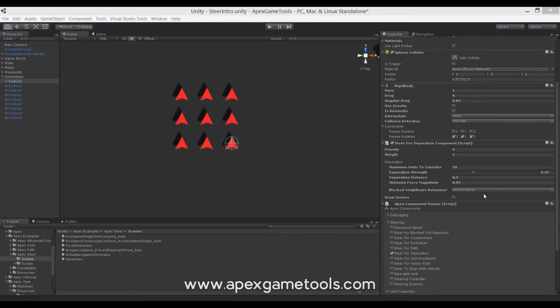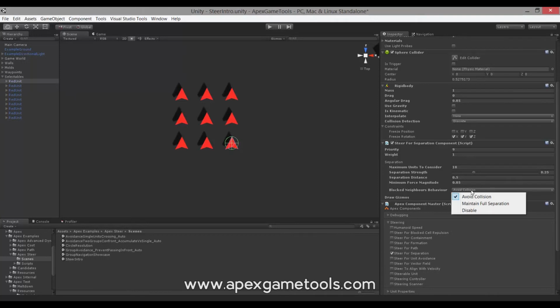So if a unit has a blocked neighbor, that is a blocked cell as its neighbor, it can do one of three things. The first is it can avoid collision. So this means that it will actually not honor the separation distance, but it will make sure that it does not collide with its group members.